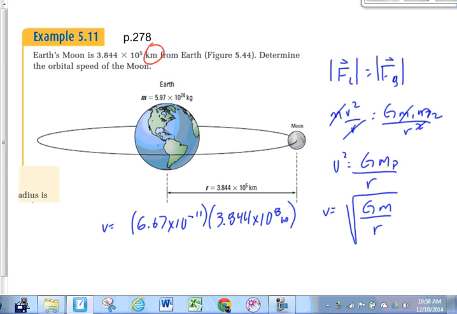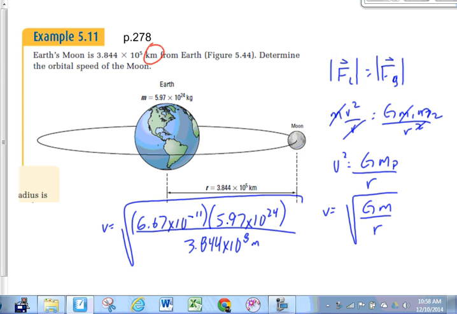You're right. 5.97 times 10 to the 24. That number is going to go on the top, right, Stephanie? 5.97 times 10 to the 24 kilograms divided by 3.844 times 10 to the 8 meters. We want the distance from the center of the Earth to the moon.